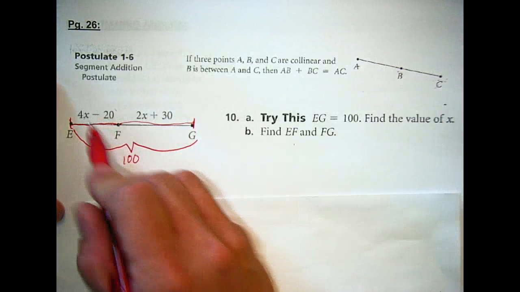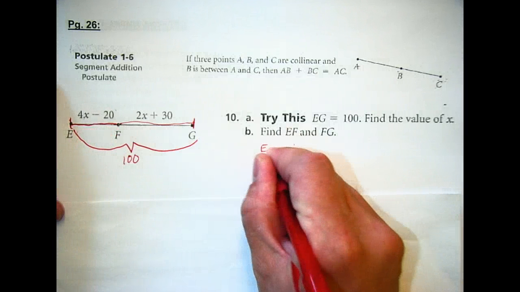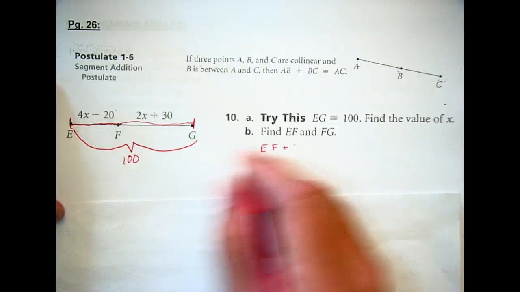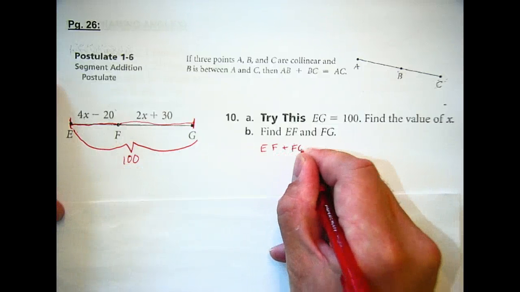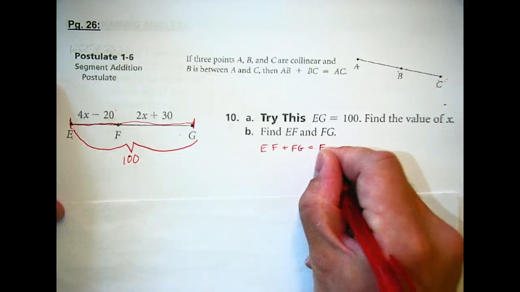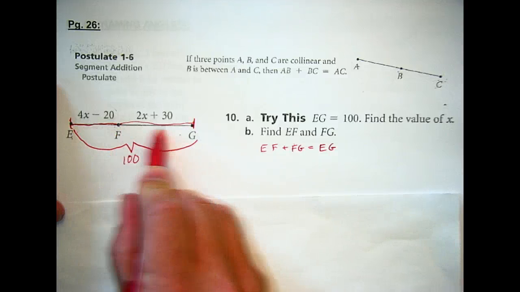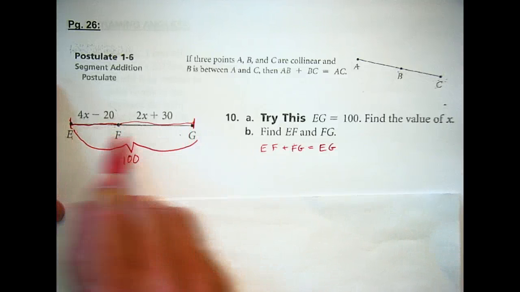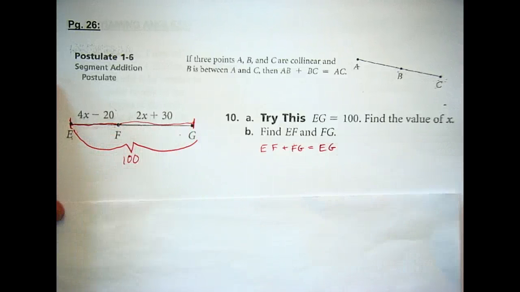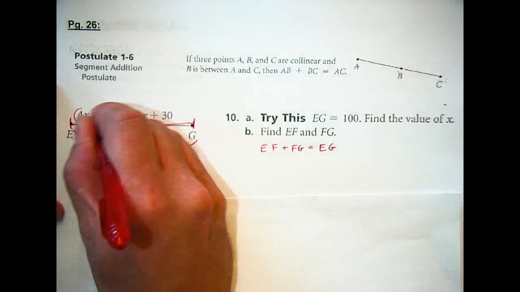Okay? Well, we're looking at this. We know that EF plus FG equals EG. Can everyone agree with that? Like this length plus this length add up to that length. Everyone agrees? And so EF, well, we have a name for EF. We're calling it 4x minus 20.